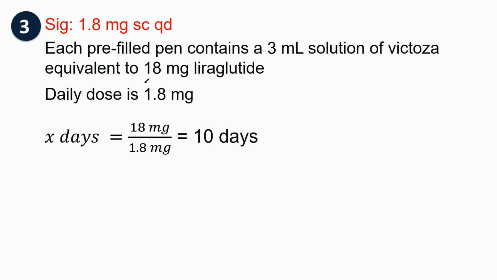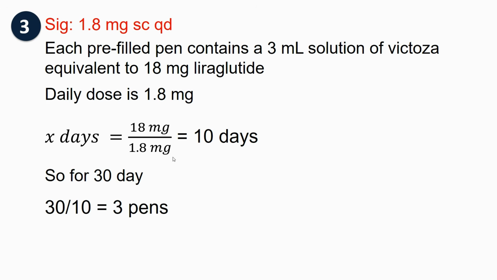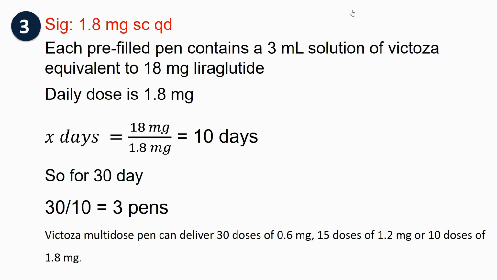One pen has 18 milligrams and daily you take 1.8, so 18 milligrams will be good for 10 days. But the prescription is for 30 days. So one pen is 10 days, and for 30 days would be 3 pens. The correct answer is 3 pens. So that's your answer for this Victoza pen supply.